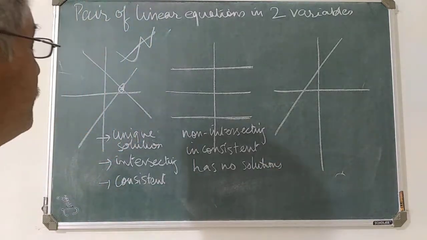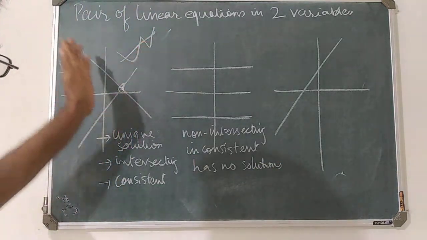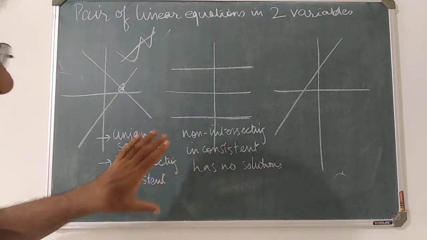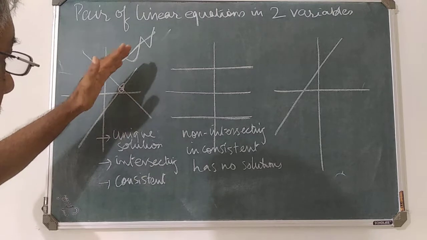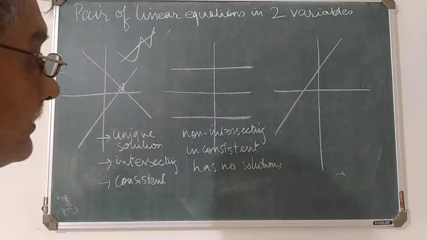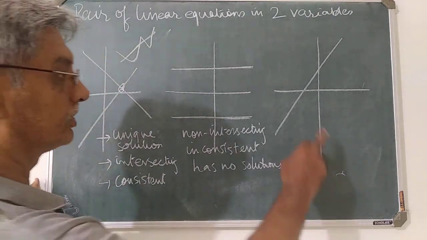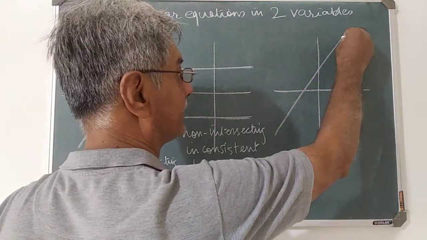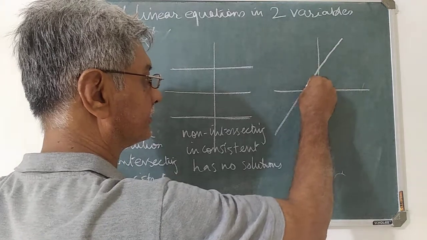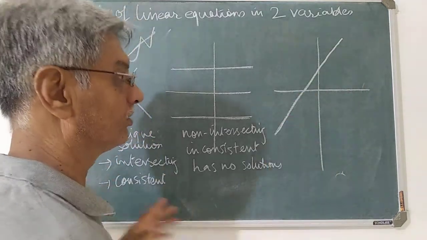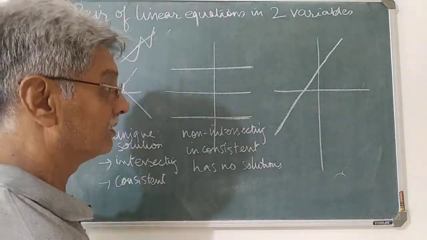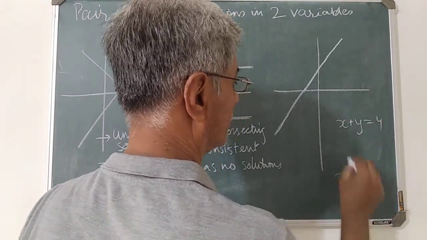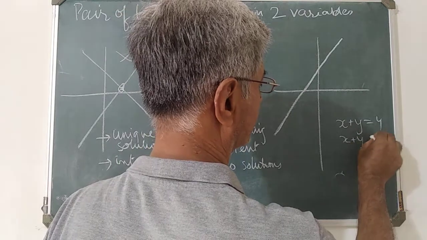We know how to draw a graph and draw the lines like this. And the third one, suppose you have one line, and the second line also is on top of this. You can have the first line x plus y is equal to 4, and the second also x plus y is equal to 4.